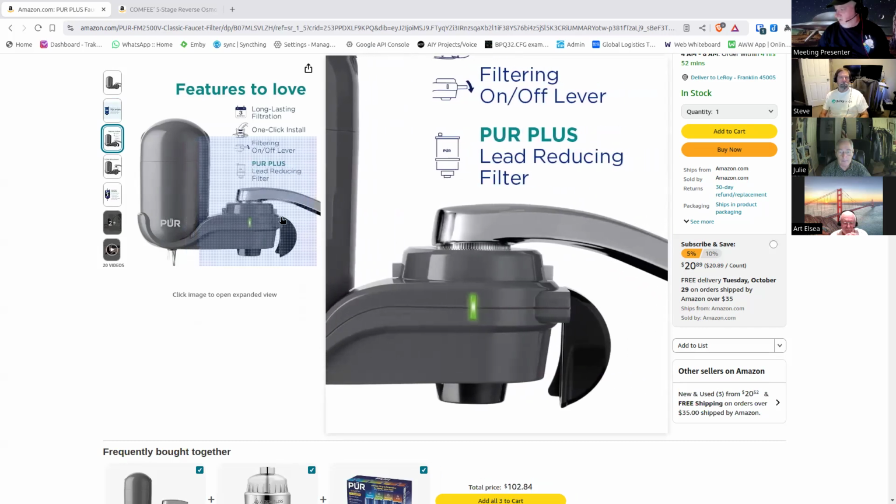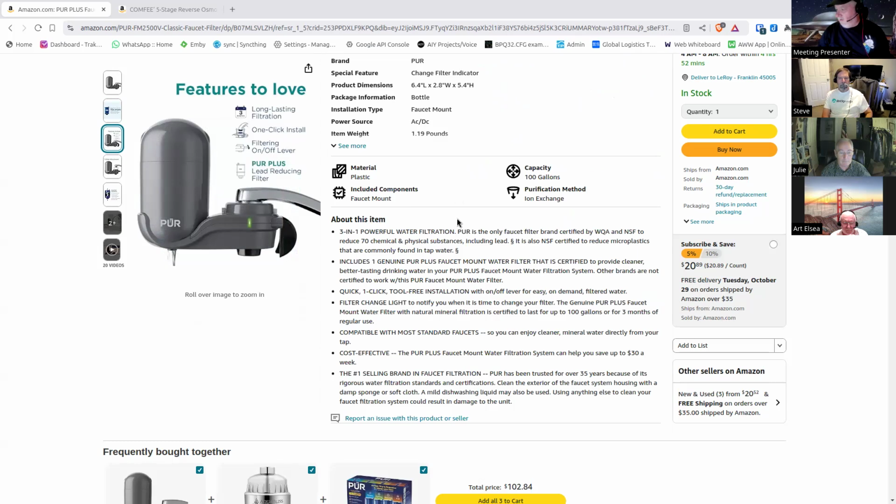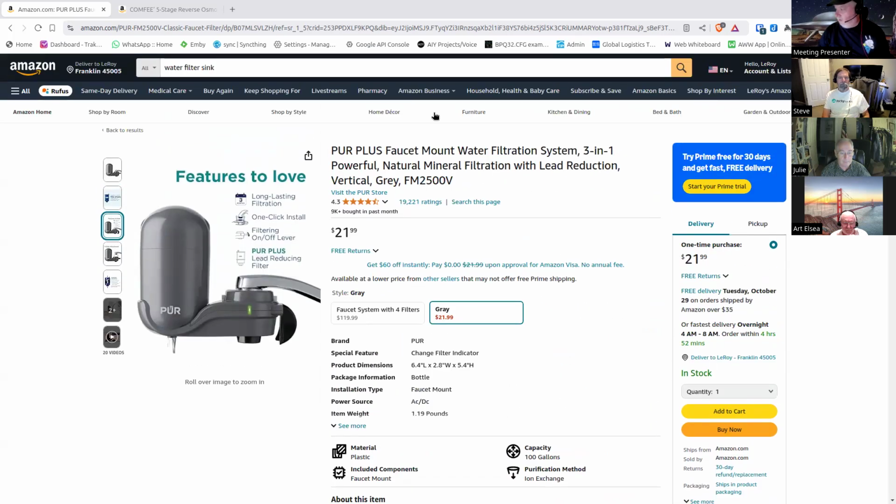There's something electrical going on with it, but I don't really know what it is. I've helped a couple of people hook those up to their sink because I think that's what we can get away with here. It's $22, and I don't think the water tastes any better. I don't really know if it actually works or not.